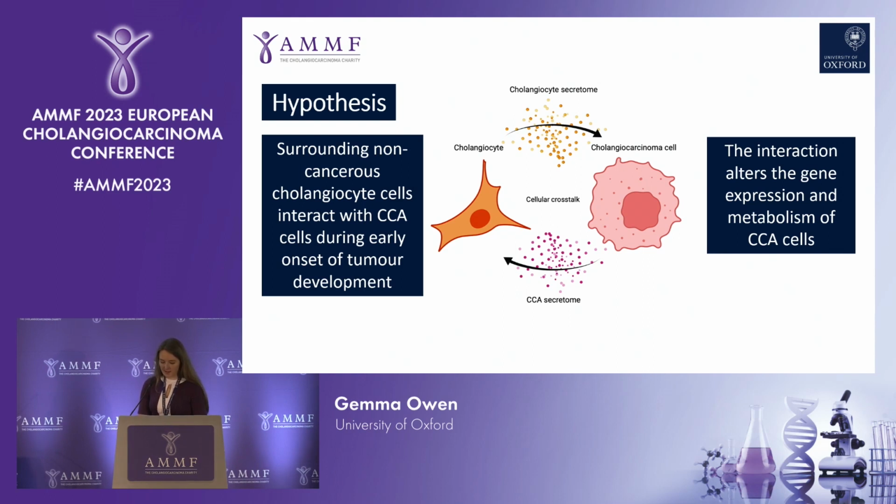We hypothesise that surrounding non-cancerous cholangiocyte cells interact with cholangiocarcinoma cells during the very early onset of tumour development, and that this interaction causes key alterations to gene expression, metabolism, and ultimately the behaviour of cholangiocarcinoma cells.